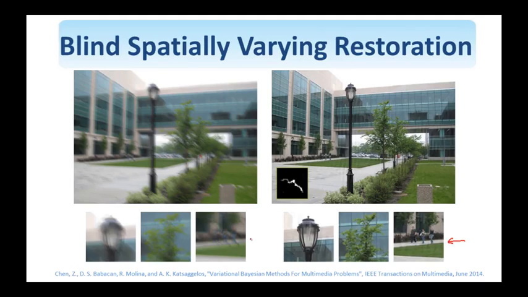We can see the people, the three people walking there, and a lot of detail. The estimated blur is also shown here. So the shaking of the camera did not follow a linear trajectory, as was the case with the horizontal motion blur we studied earlier.